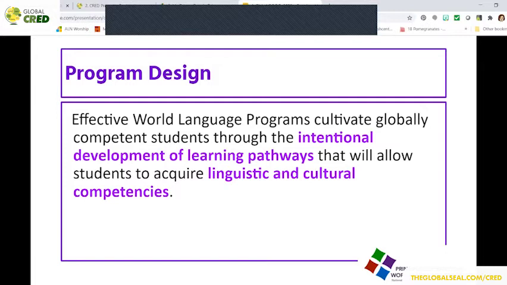So, for example, I used to know a school that had a really robust K-5 program. Fantastic. The students were developing wonderful competency, proficiency, cultural competency, language proficiency, and they would get to a certain level at the end of 5th grade, and they would go to middle school, and they would get off the train, and they would have an option to go and explore in different languages.